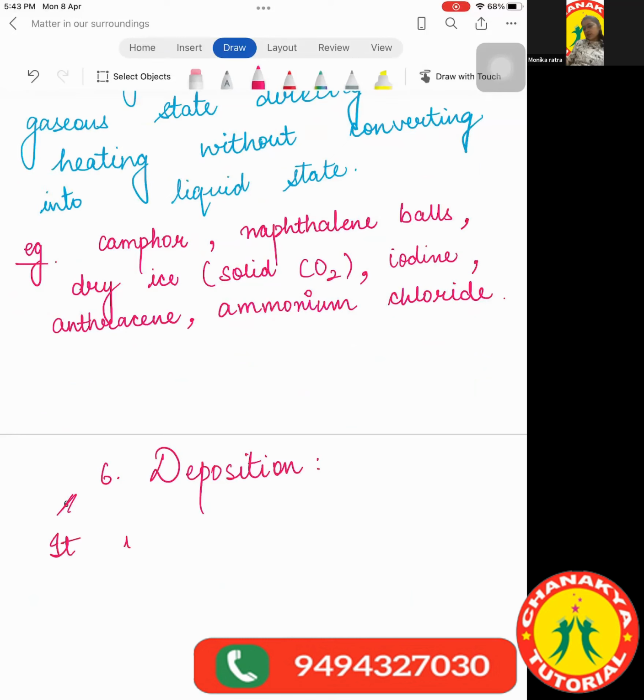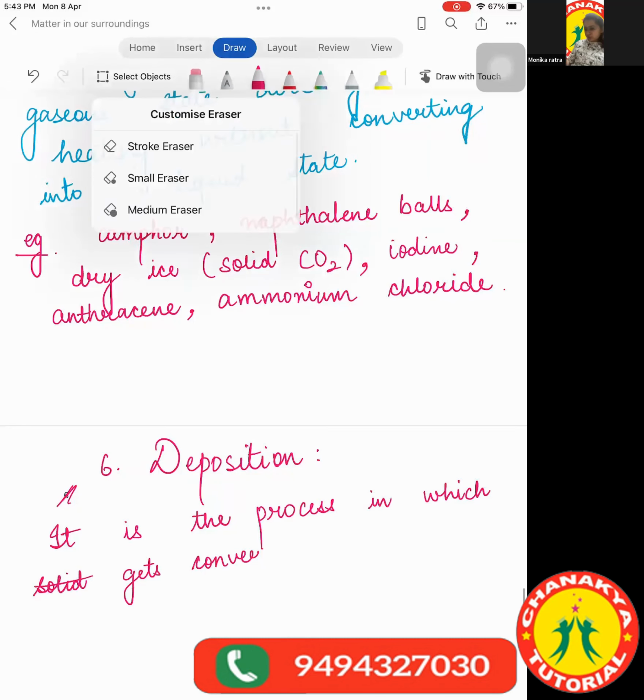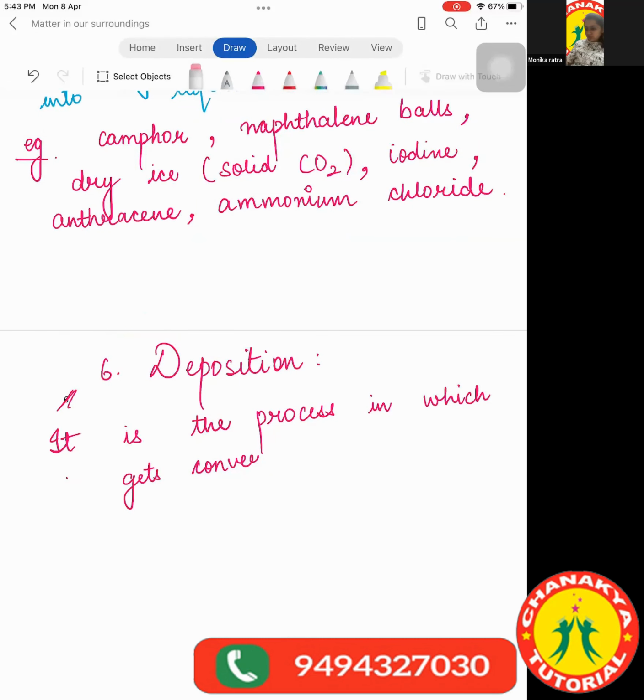It is the process in which gas gets converted into solid state directly.